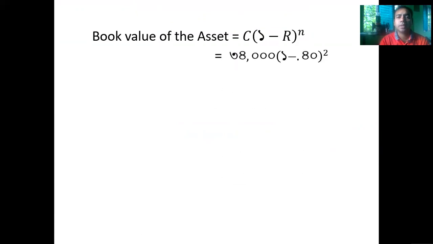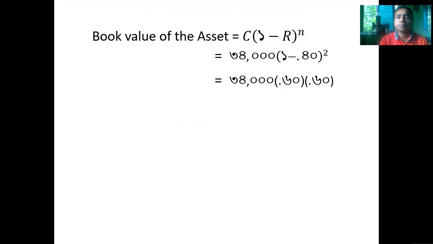In this case, the acquisition cost is 34,000. 1 has come from the formula, and here the respective rate given is 0.4. So number of years is 2. Required number of years is 2.